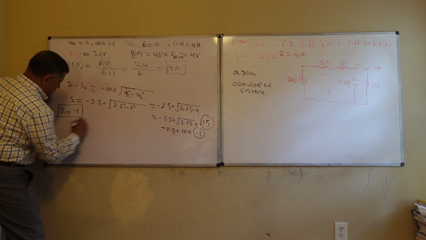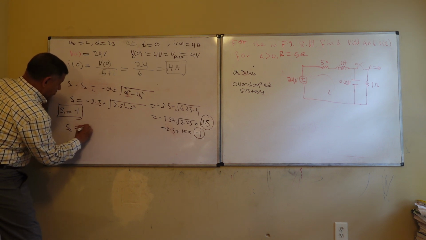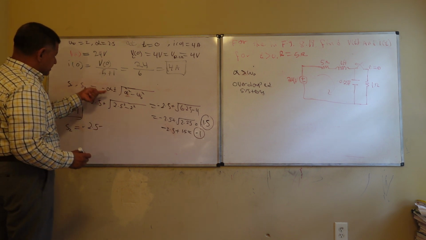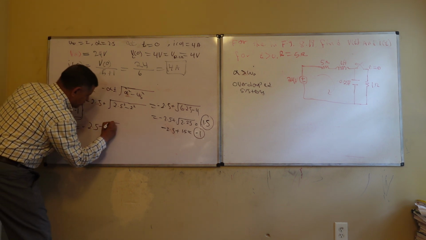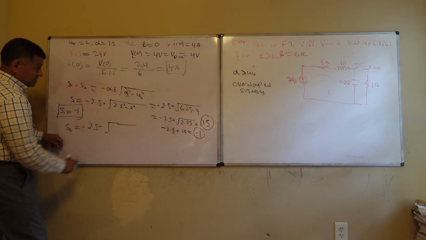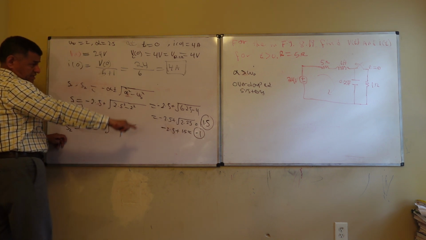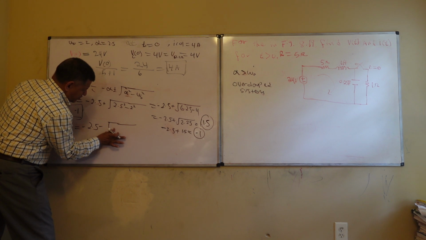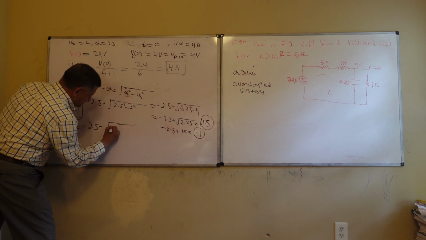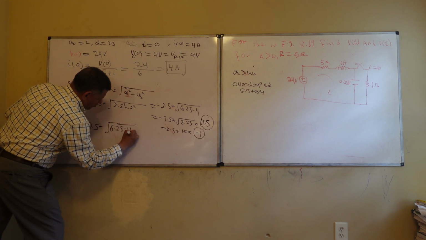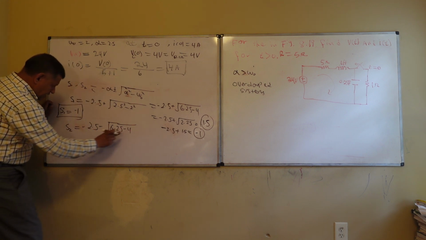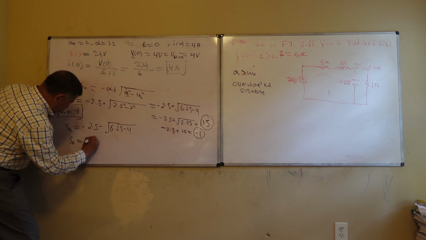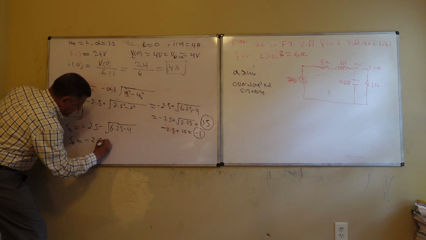Now let's do S2, which is equal to minus 2.5 again, and now we take the negative part. The values inside are going to be the same: 6.25 minus 4, which gives the square root of 2.25, which is 1.5.